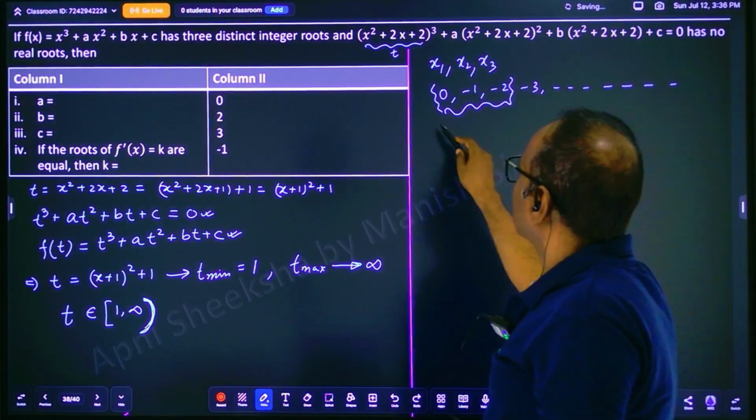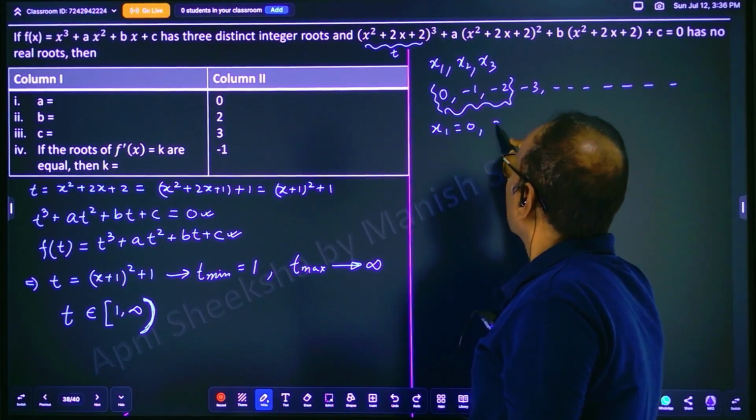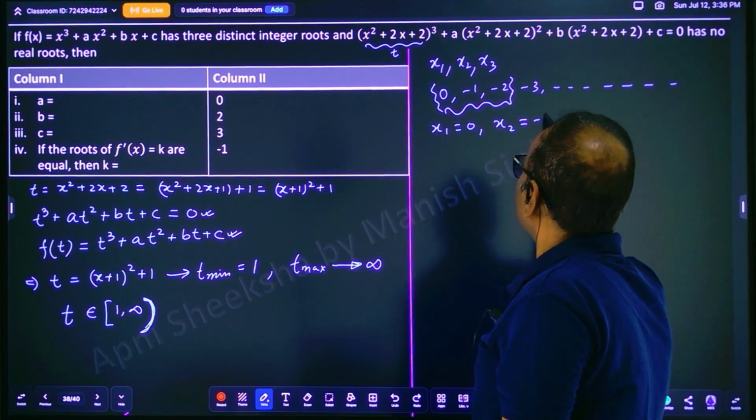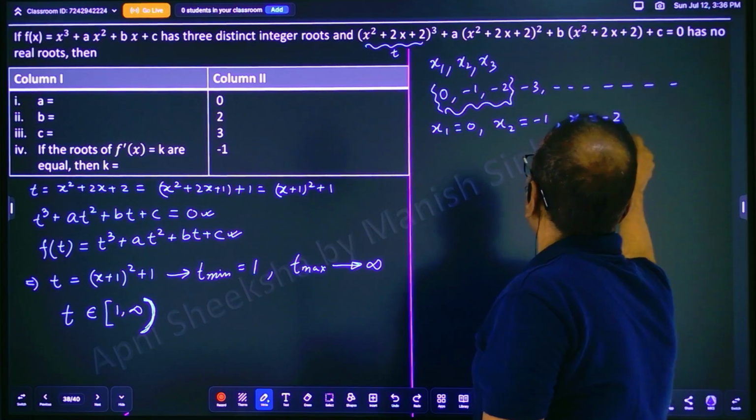So now we assign the values: x1 is equal to 0, x2 is equal to minus 1, x3 is equal to minus 2.